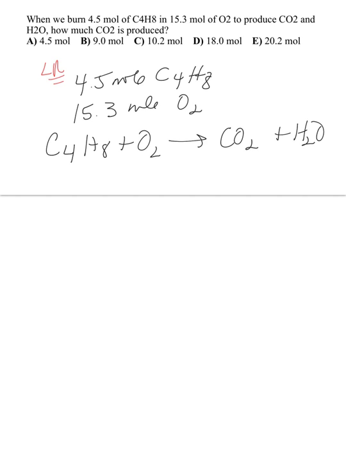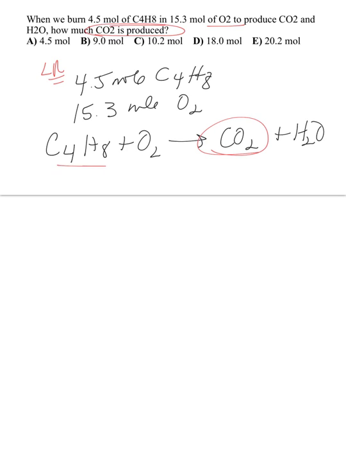Anytime you get a reaction like this, you have to write the combustion reaction and balance the equation, because it's giving you the amounts of butane and oxygen and asking how much CO2 is produced.